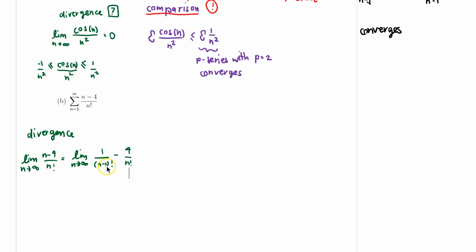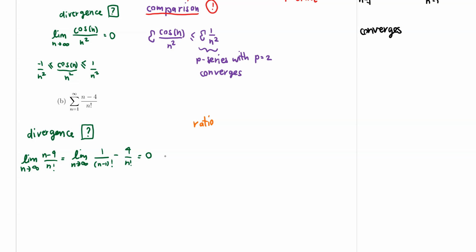When n gets really, really large, both of these guys are going to be 0. So this limit is going to be 0. So by the divergence test, this is going to be inconclusive. If the limit is 0, then I cannot conclude if this guy converges or diverges. So as I said earlier, let's actually try the ratio test.